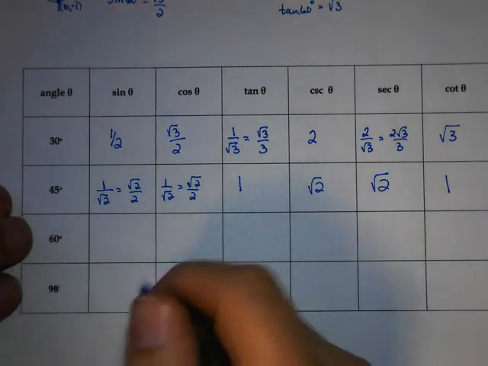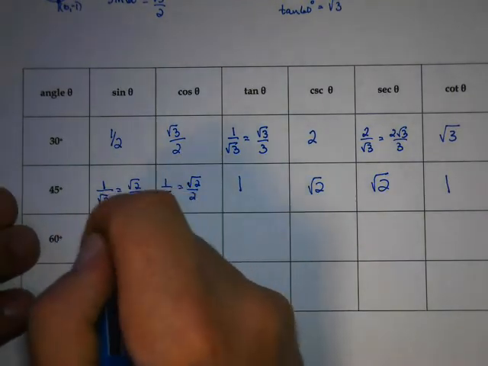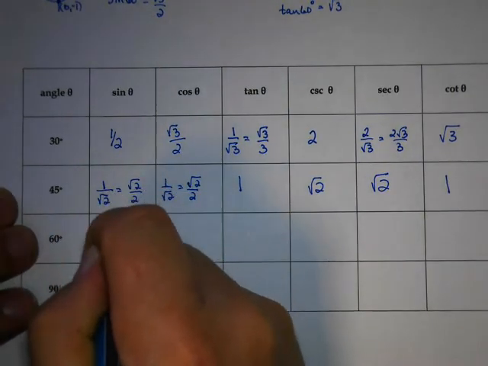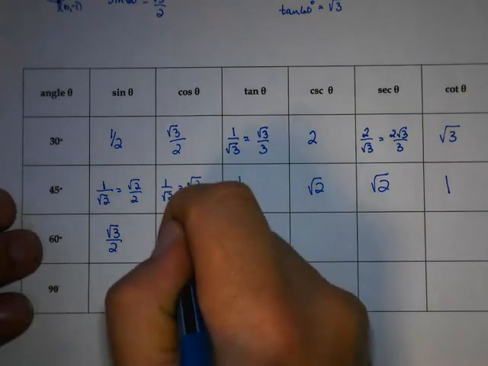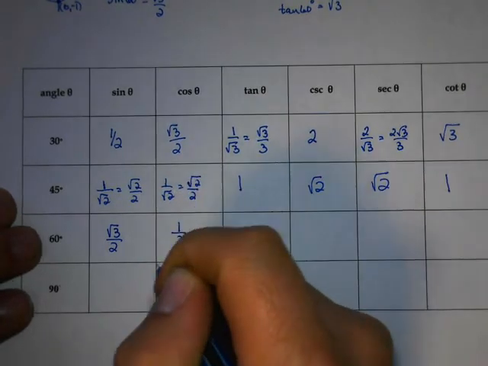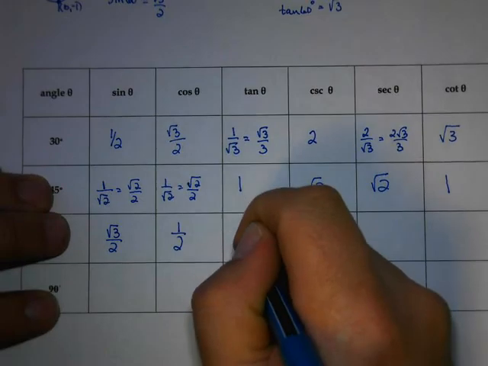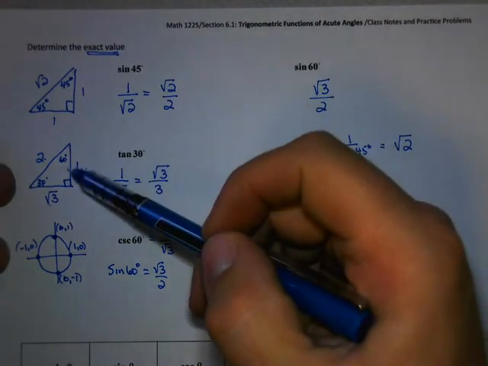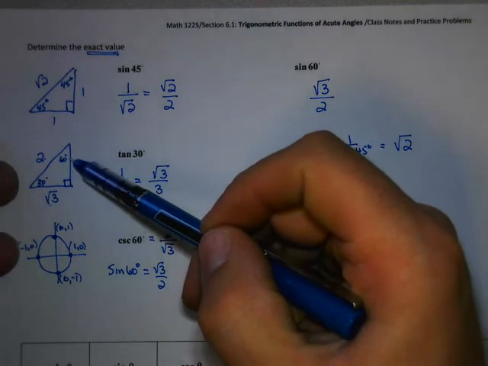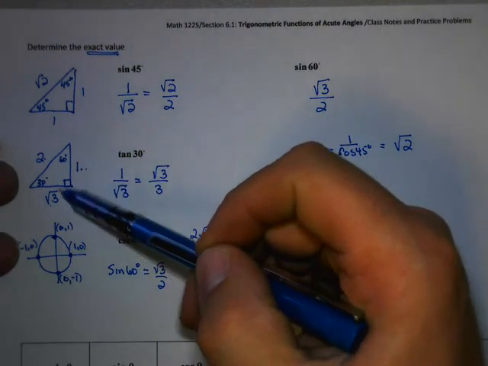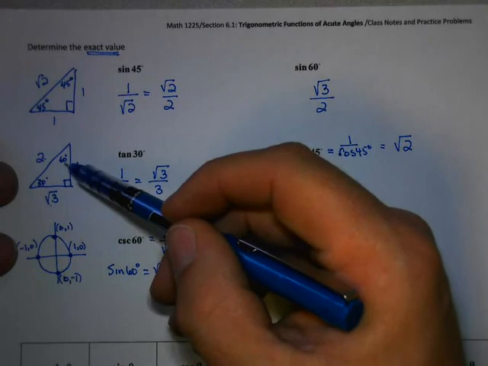Now 60 degrees, sine of 60 degrees is the square root of 3 over 2. Cosine of 60 degrees is 1/2, and the tangent of 60 degrees is the square root of 3. Again, if I'm going back to this triangle, now I'm going 60 degrees, so sine is opposite, square root of 3 over 2.